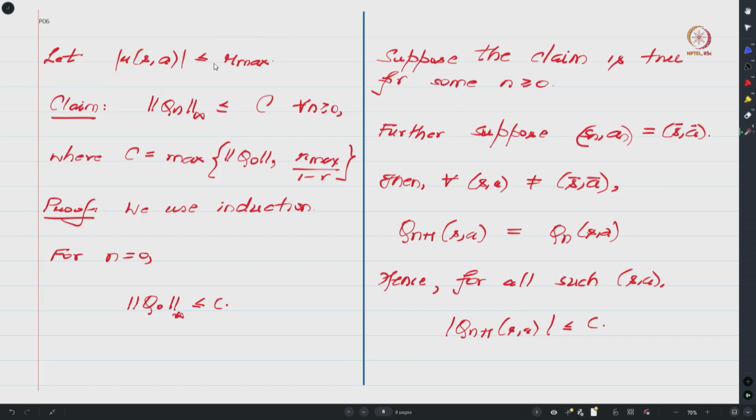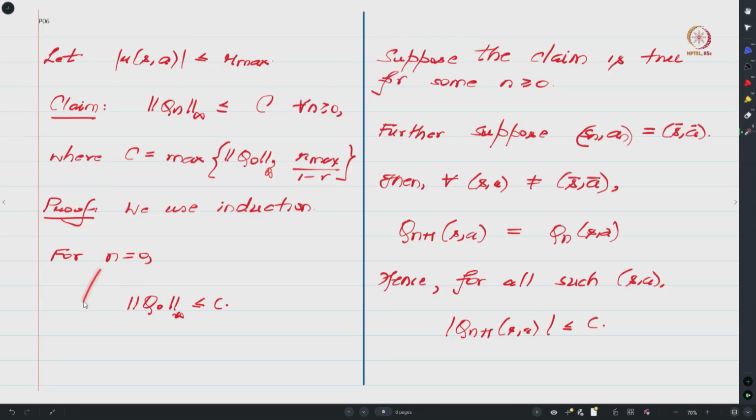So we will presume that there is a value R max which is an upper bound to the absolute value of R(s,a) for every (s,a), right, and our claim is that the L infinity norm of Qn is upper bounded by C for all n greater than 0, where C is defined to be the max between the L infinity norm of Q0 and R max over 1 minus gamma, right, and to prove this claim, we are going to make use of induction. So let us see how we can prove this claim.